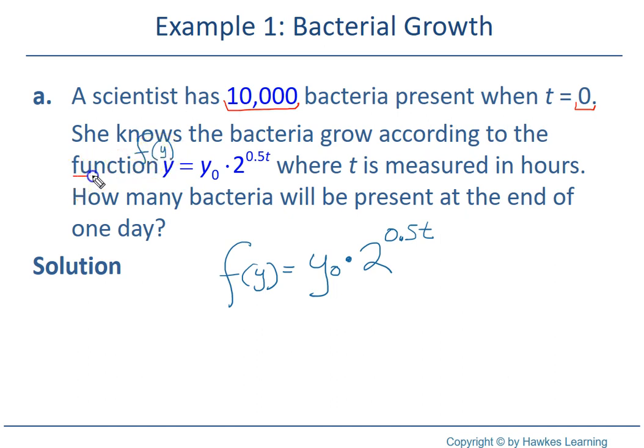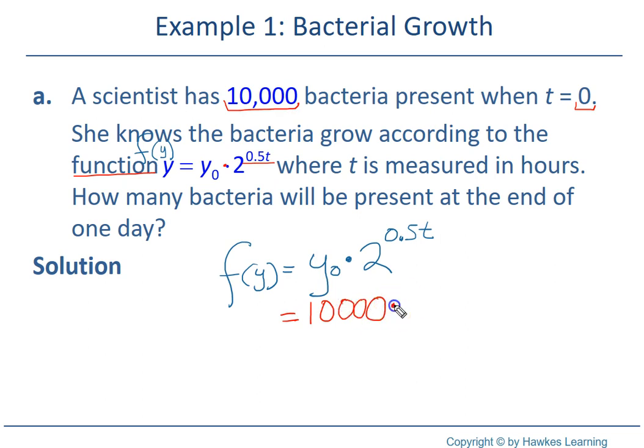They're just using the word function of y equals y sub 0. Now, the sub 0 only indicates the start of it, and then it's going to be multiplied by 2, and then this is your exponent, where we're including the t as a time factor. So we do some substitution. At the beginning of the experiment, how many bacteria do you have? Well, you have 10,000.